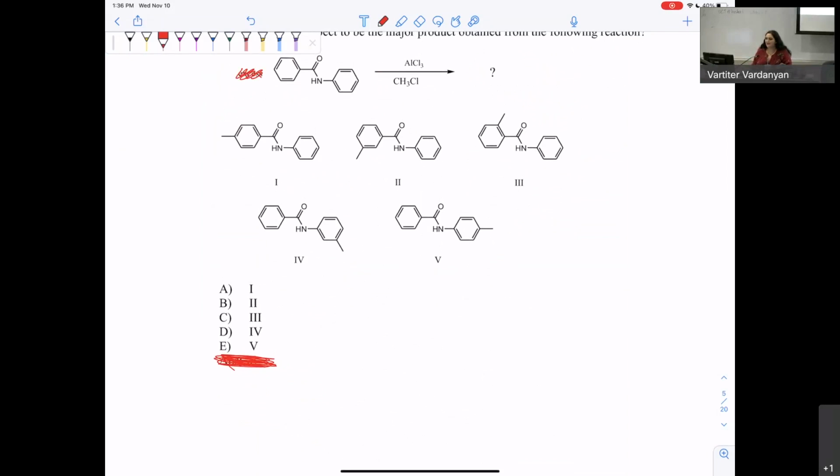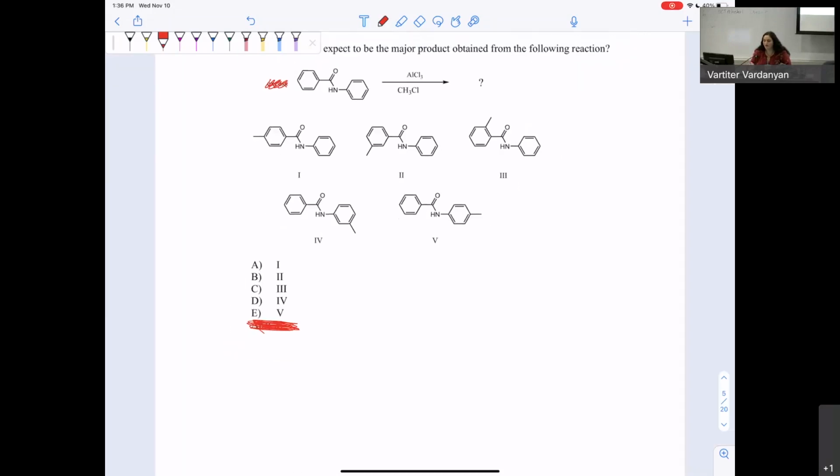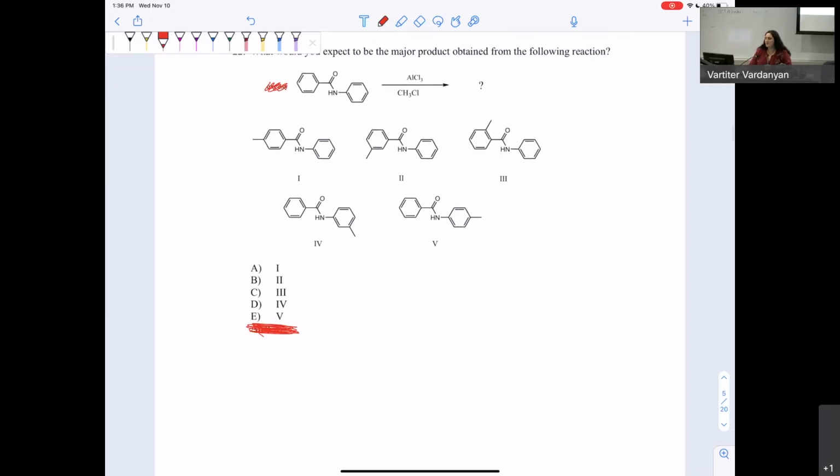The way you know that excess doesn't mean anything is because all of these answer choices only have one methyl group added. Also, you could just know conceptually, Friedel-Crafts is already going to have polysubstitution, so you don't need excess for that to happen, so not a good choice.